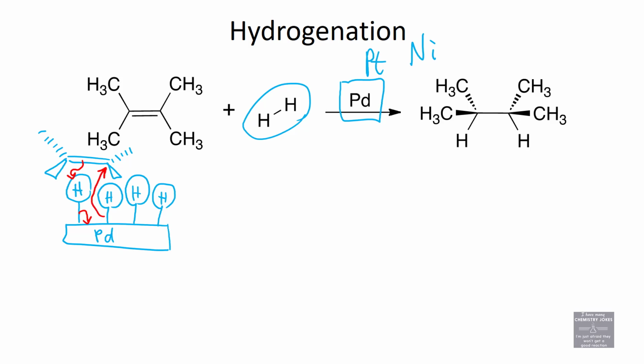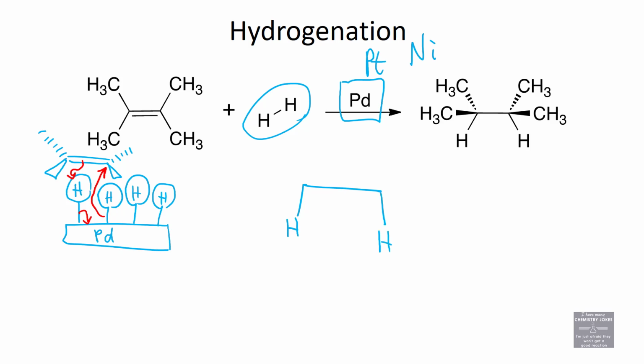We're going to draw it like it's a little concerted mechanism, where what happened was a hydrogen was attacked by this carbon on the left. That hydrogen gave up his electrons to palladium metal, and this hydrogen took his electrons and attacked the other carbon of my alkene over there.